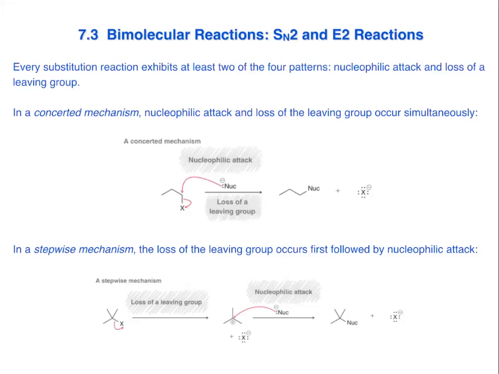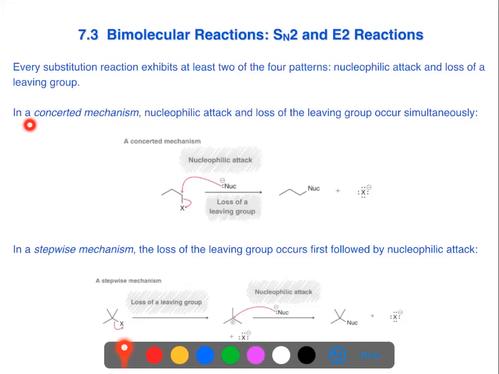There's the concerted mechanism, and in a concerted mechanism, these two arrow pushing patterns are occurring at the same time. They're occurring simultaneously, meaning that as the nucleophile is attacking the partial positive charge on a carbon center, the carbon leaving group bond, or in this example, the carbon X bond, is starting to break.